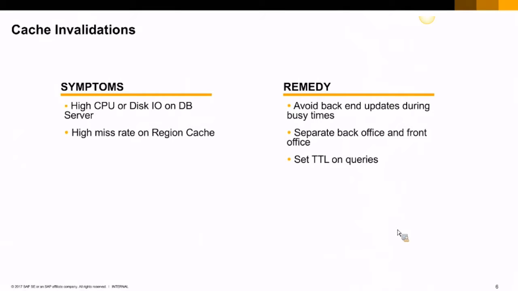All these writes will create invalidation messages, and in particular, if it's in the middle of the day, all these invalidation messages will make the cache very inefficient, and that's why you will see a high miss rate ratio on the region cache.